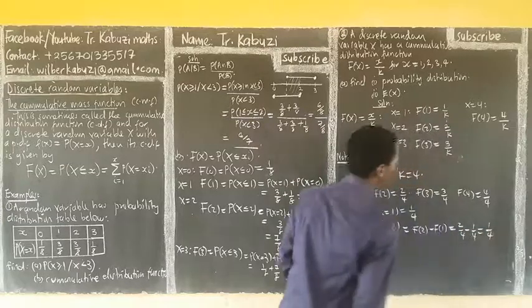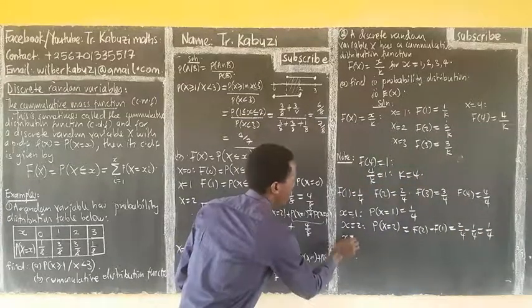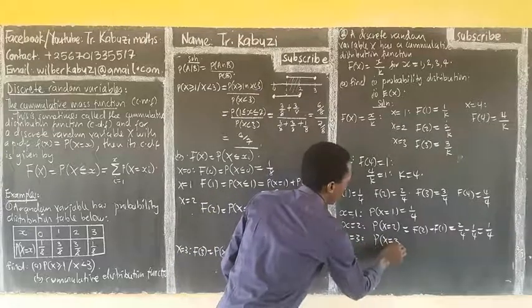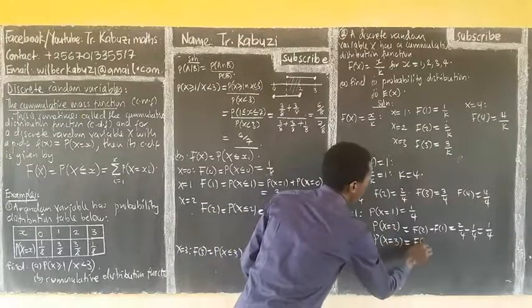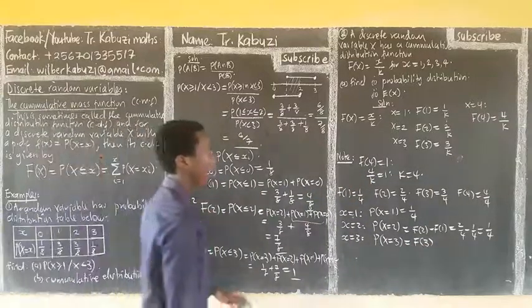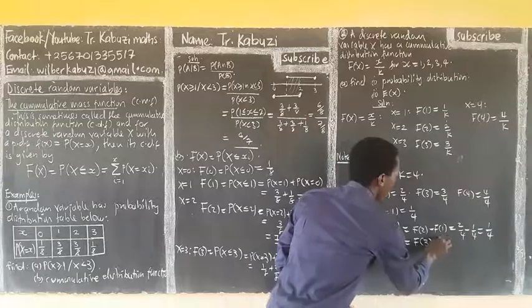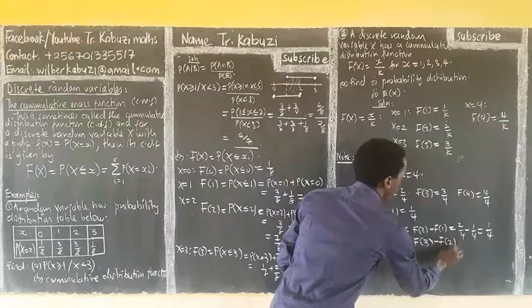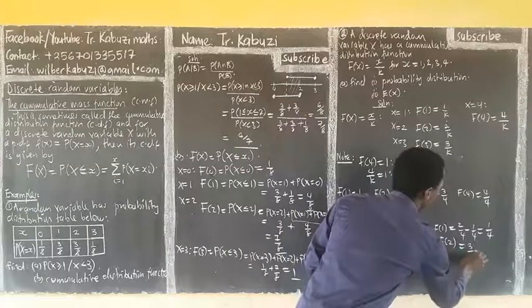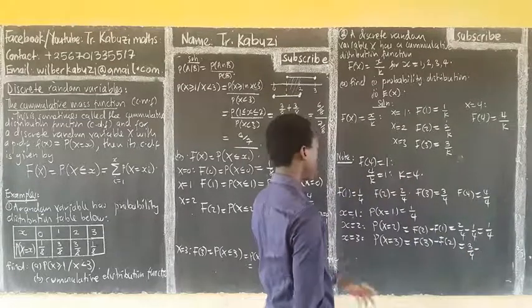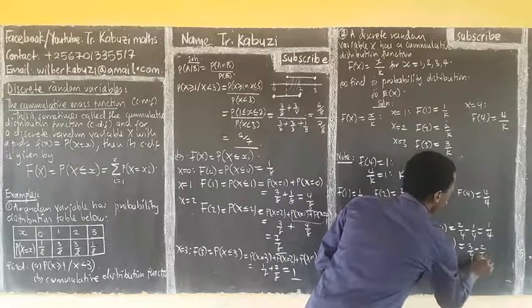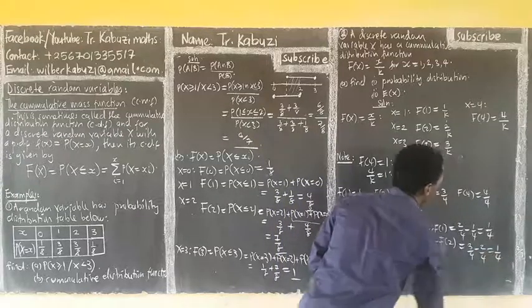Now when x is equal to 3, our probability is F of 3 minus the one lower, F of 2, which is 3 over 4 minus 2 over 4, which is a quarter.